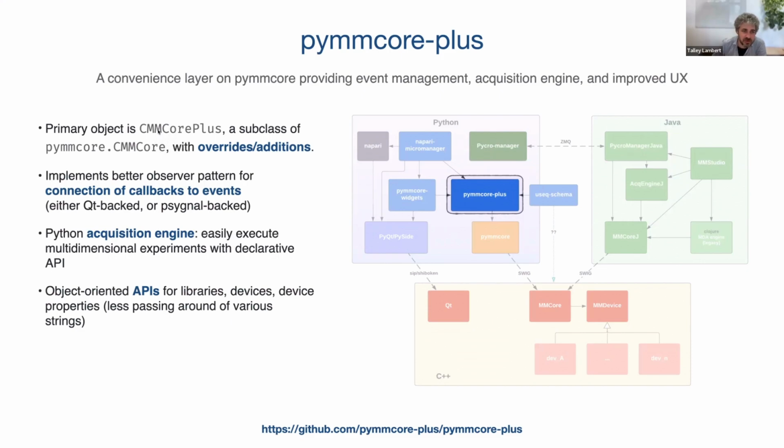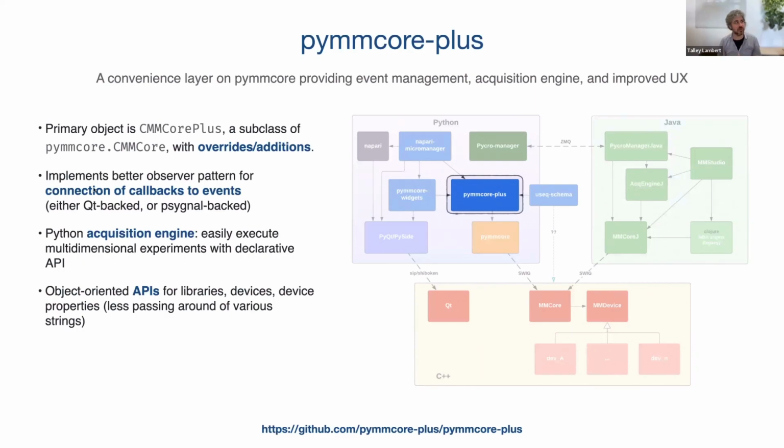So the primary object really is just a subclass of the main object in Core. CMM Core Plus is the main object in this library, and it is a subclass of CMM Core with a bunch of overrides and additions. I have more on the next couple slides, but the summary here is that it implements a better observer pattern for connection of callbacks.